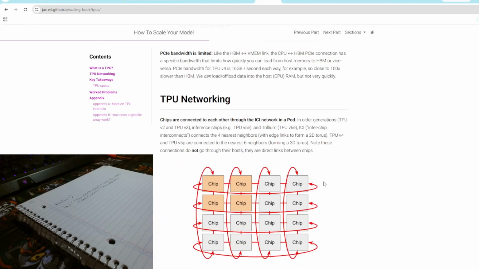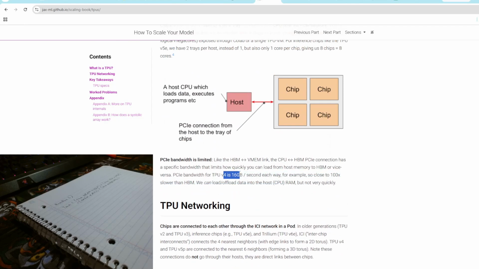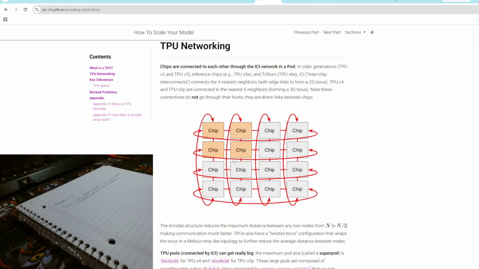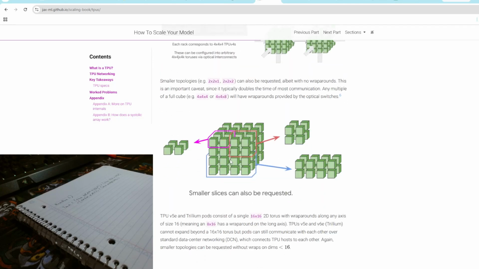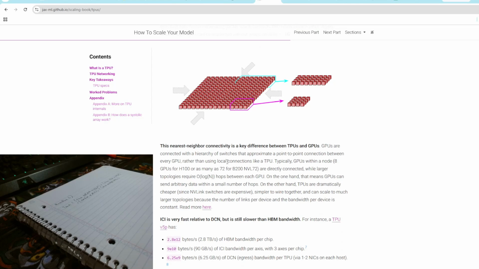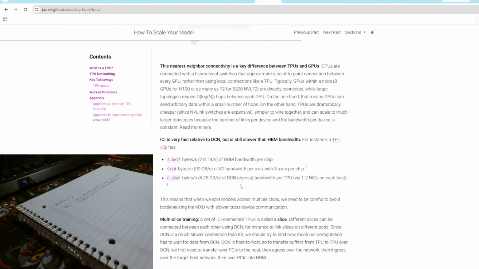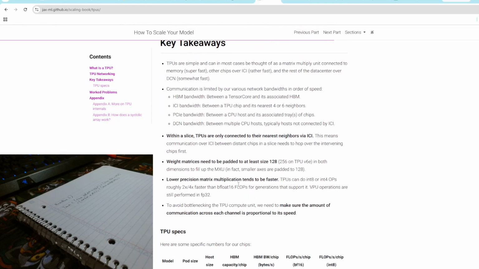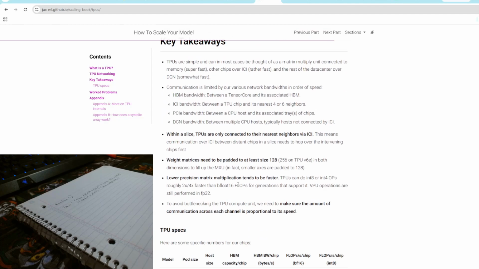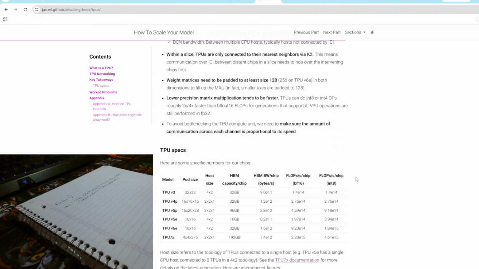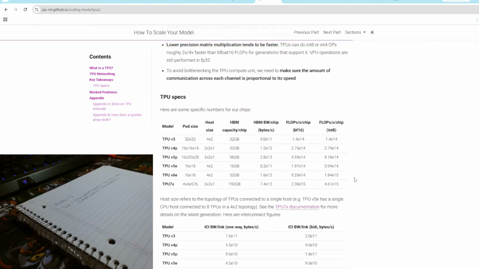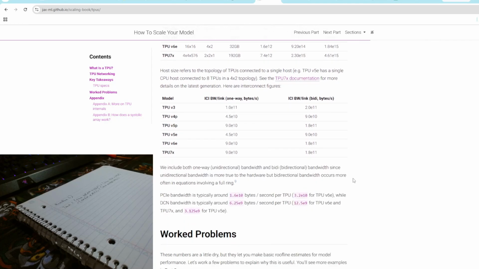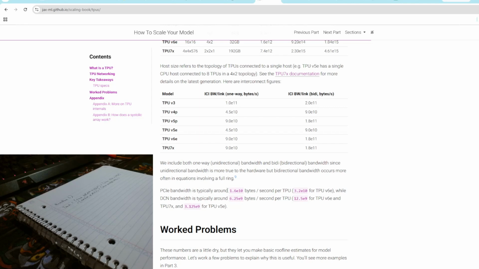So there's not really a number for this somewhere, but we could take this number probably for the TPU v4, just assume it's the same. Oh, there we go.